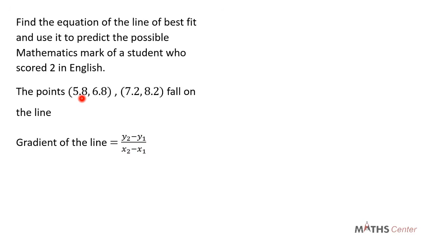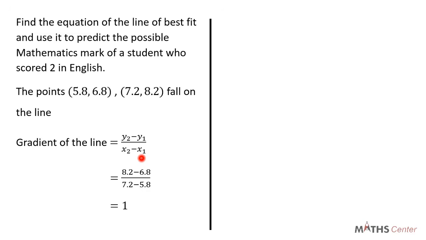I'll use 5.8, 6.8 as my x1, y1 and 7.2, 8.2 as my x2, y2. When I substitute, I'll have 8.2 minus 6.8 divided by 7.2 minus 5.8, and this gives us 1. So the gradient of the line is 1.